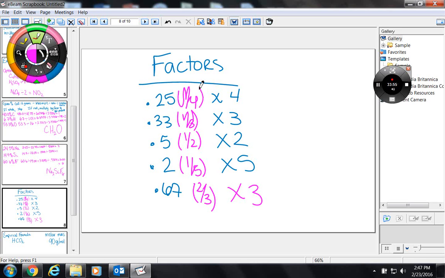Alright, so if you don't know your decimal fractions, you might want to write that down. Optional. What you got, Josh?